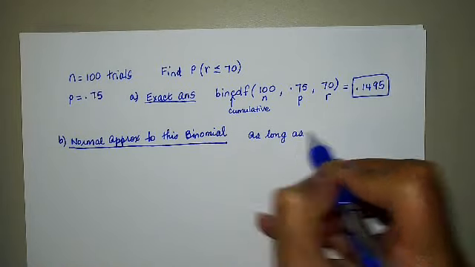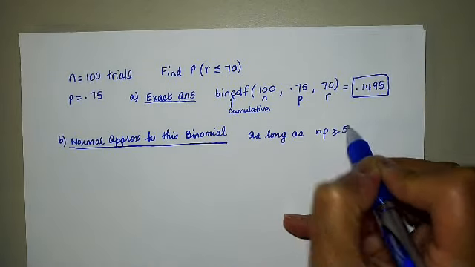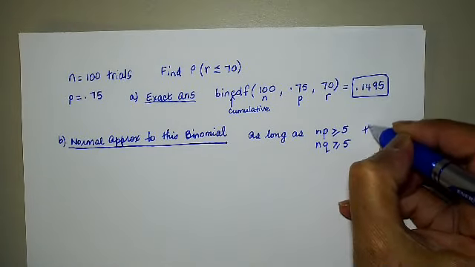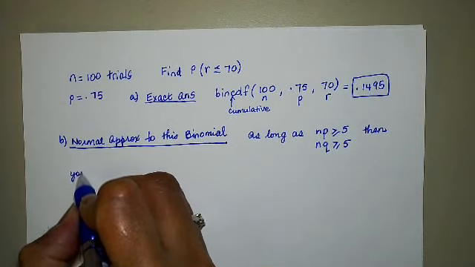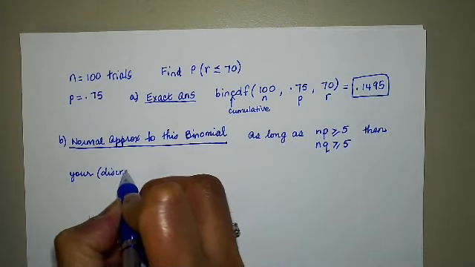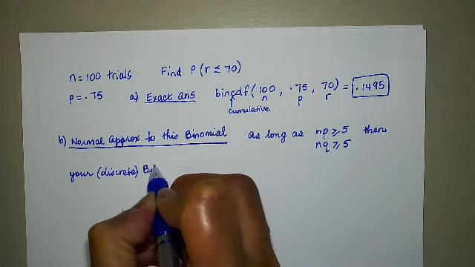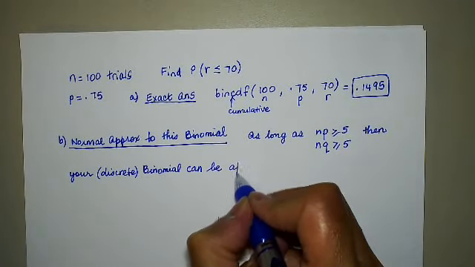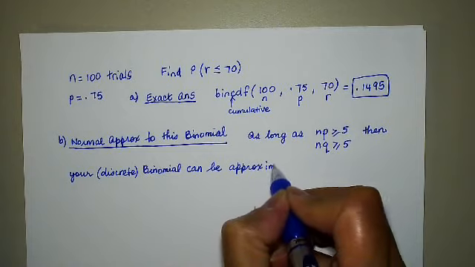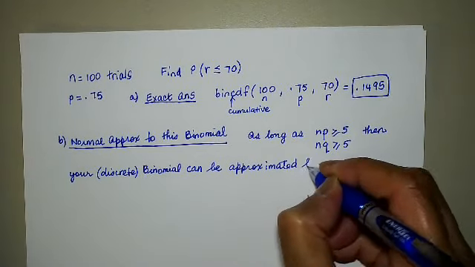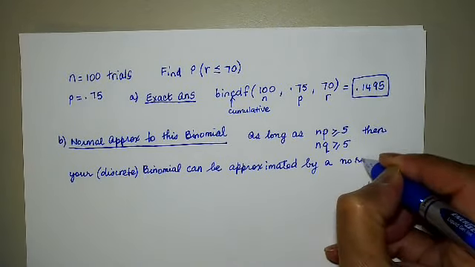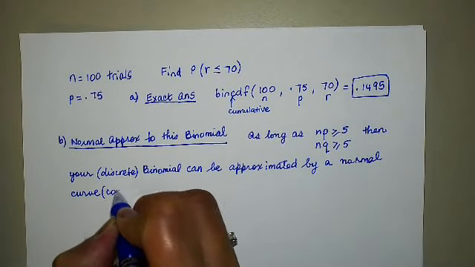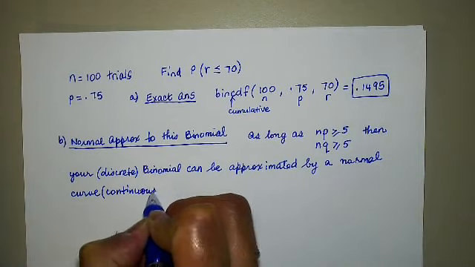As long as np is greater than or equal to 5 and nq is greater than or equal to 5, then your discrete binomial can be approximated by a normal curve. And of course the normal curve is continuous.